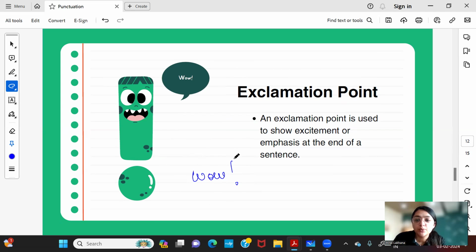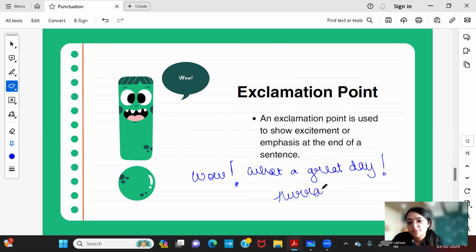After this exclamation, to end that particular sentence, we use an exclamation point. If we are saying, wow, what a great day, this is an exclamation wherein we are showing excitement when we are talking about our day. It ends with an exclamation point, or hooray. This particular exclamatory word ends with an exclamation point.